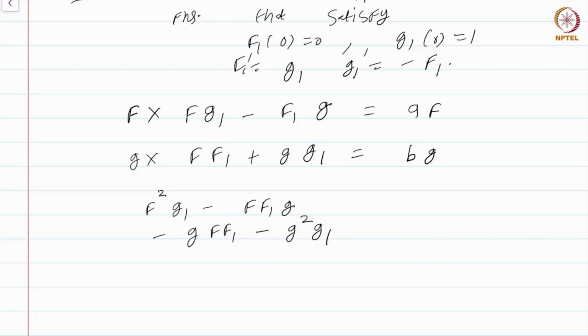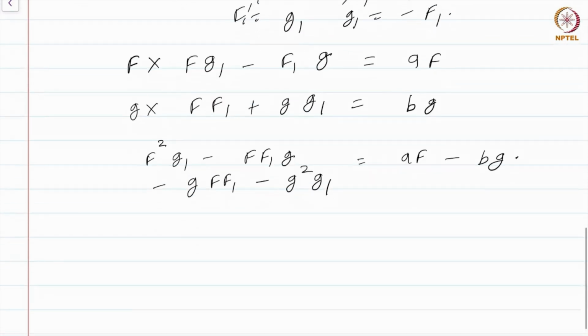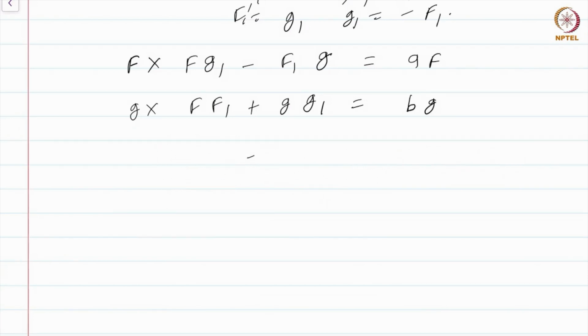Oh wait a second, I did the wrong multiplication, just a second. Yeah, these things are a bit of trial and error, so this is a part of the natural process of learning. What we'll do is we'll multiply the first equation by g and the second equation by f.